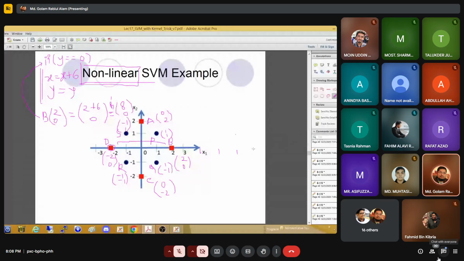This will be the location of B. So this is our B prime, (8, 0). Now, if we consider our other data point D, then D is (-2, 0).